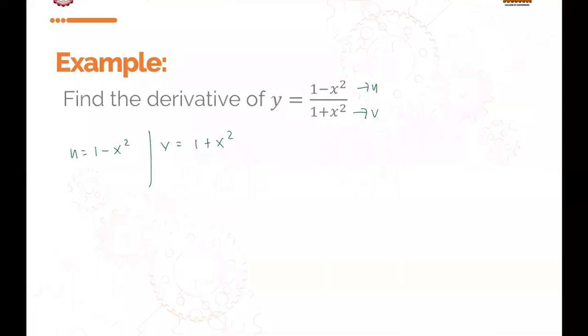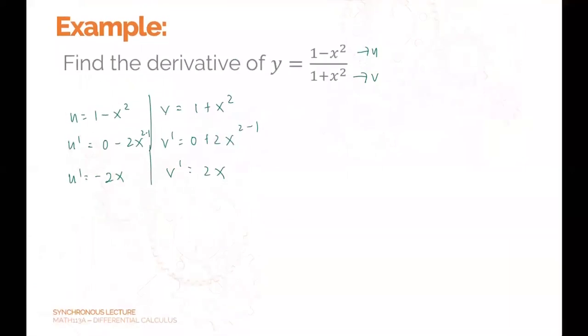Kunin natin yung derivative niya. So, u prime is equals to 0 minus 2x to 2 minus 1, and v prime is equals to 0 plus 2x to 2 minus 1. So, u prime will be negative 2x. Then si v prime will be 2x. Okay?